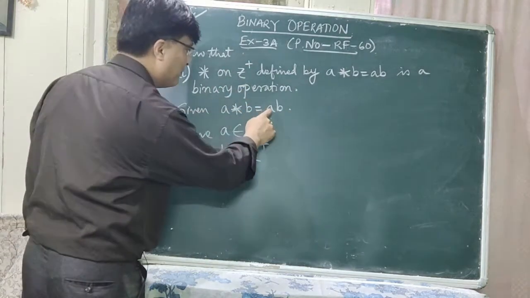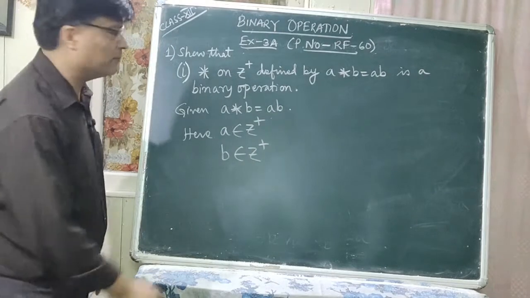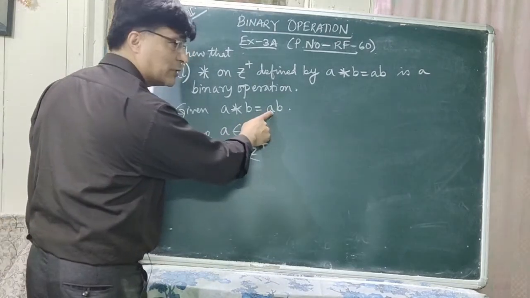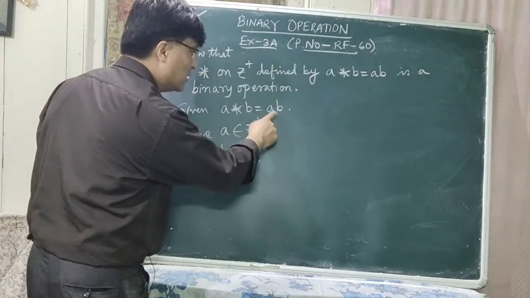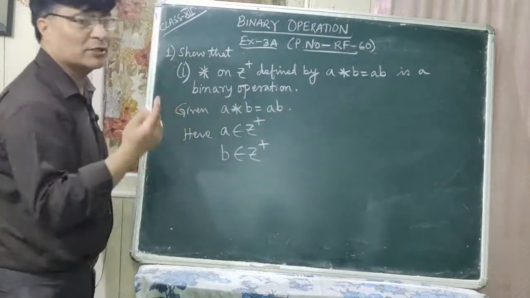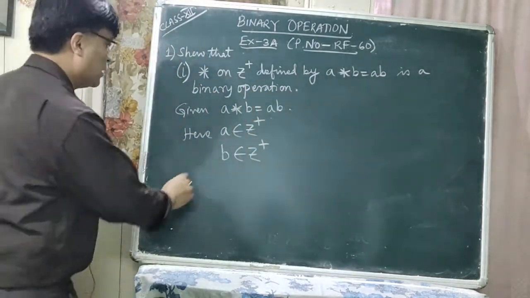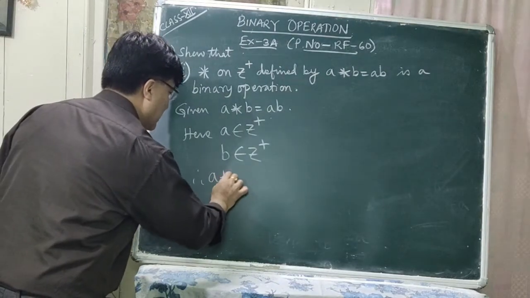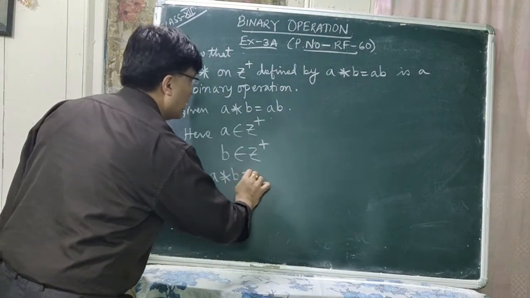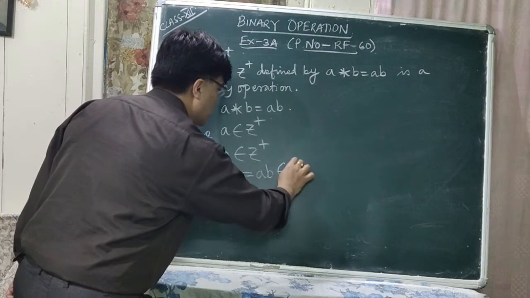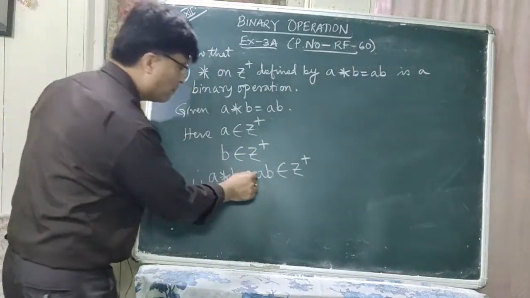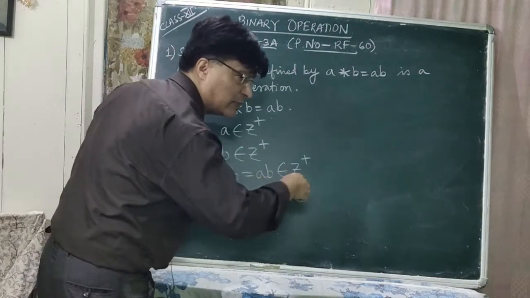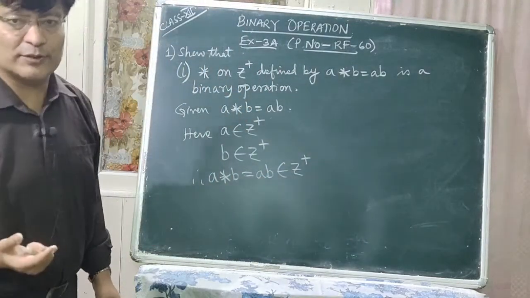So if you take A as a positive integer, B also as a positive integer, so A into B is also a positive integer, right? So therefore A star B is equal to AB also belongs to positive integer, because positive integer into positive integer is positive integer. You know that.